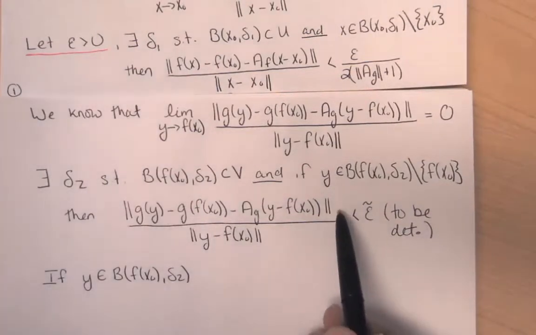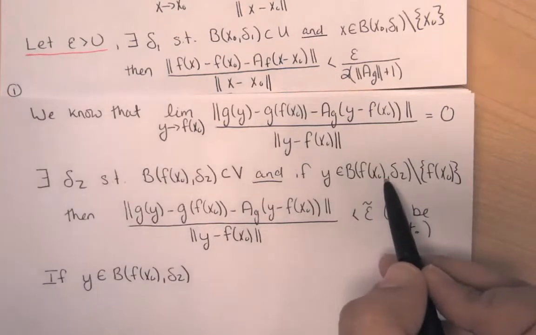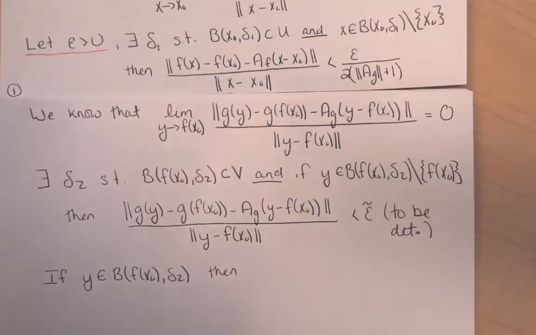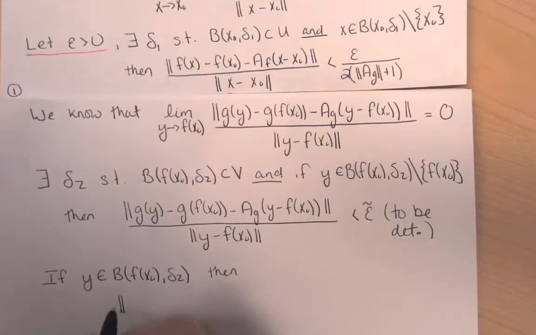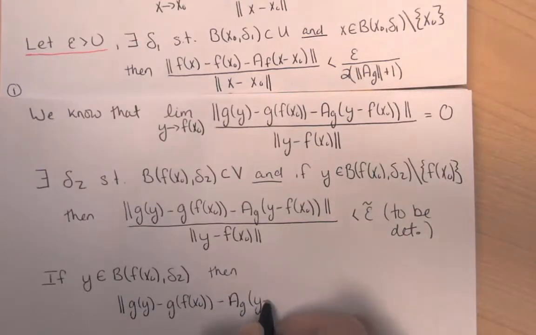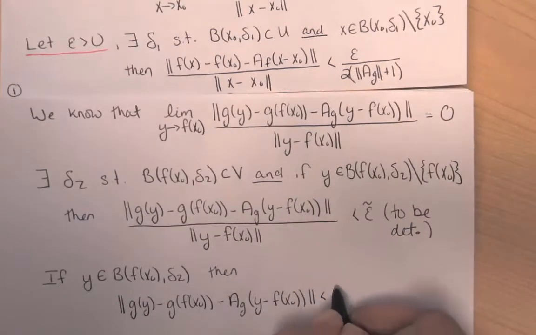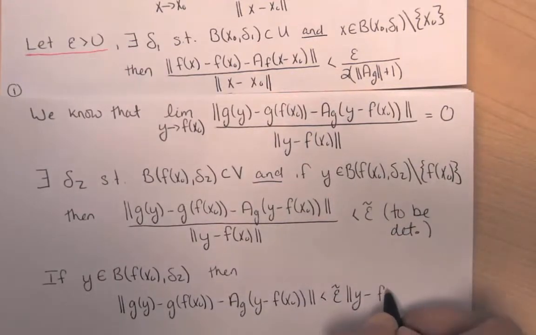So let me just rearrange this statement where I'm going to allow y to possibly be the center. Then the numerator g of y minus g of f of x naught minus the derivative matrix of g times this difference y minus f of x naught is less than epsilon times the denominator, which is the difference of y minus f of x naught.